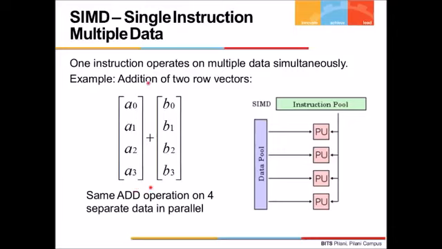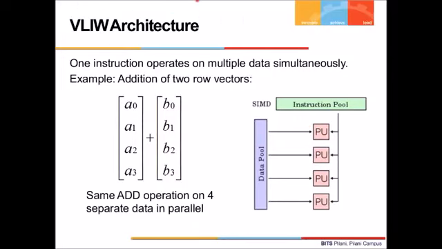This operation happens in one instruction because the instruction is one, but there are multiple processing units which are doing the same operation. So multiple data are coming and the operation is happening in parallel in these processing units. So you are getting faster performance in the case of SIMD.